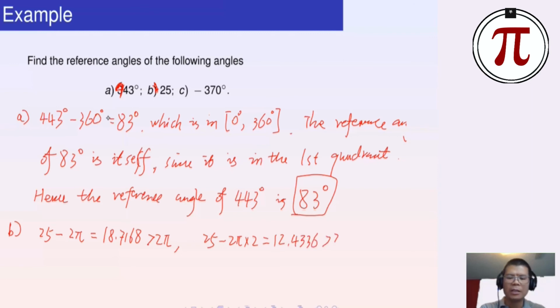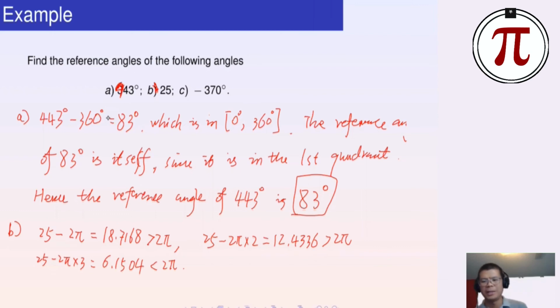Now this is again greater than 2 pi, so you do another one: 25 minus 2 pi times 3 equals 6.1504. Now this became less than 2 pi.